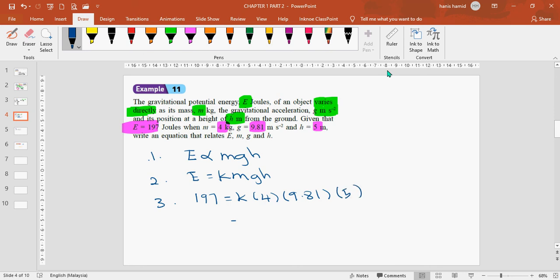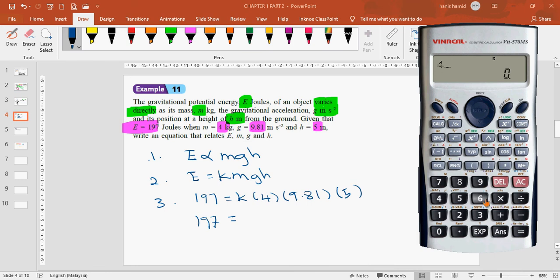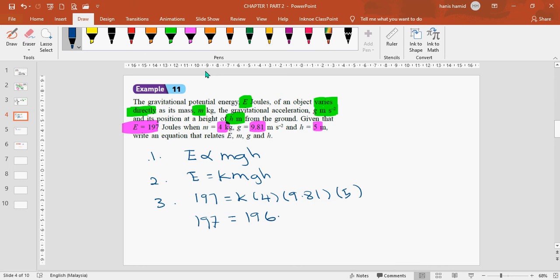You can do it one by one, use your calculator. 4 times 9.81 times 5 is equals to 196.2K. So K is equals to 197 divided by 196.2.